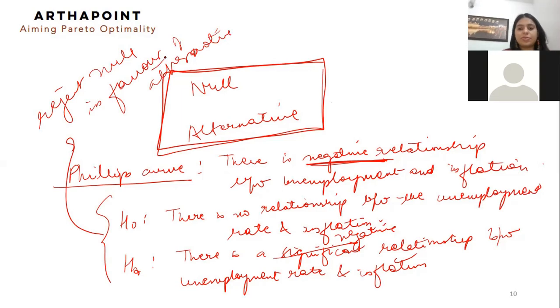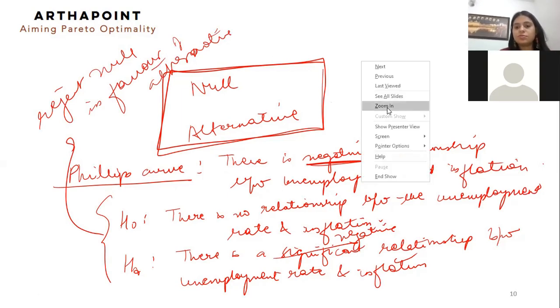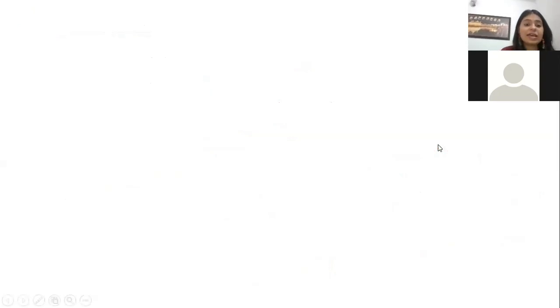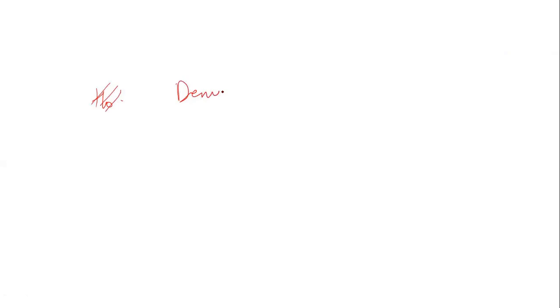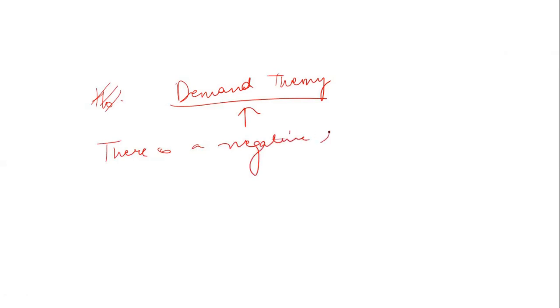Similarly, let's take some more examples. Let's say that I want to talk about the demand theory. The law of demand tells me that there is a negative relationship between price and quantity demanded.